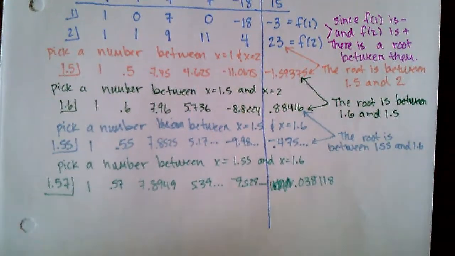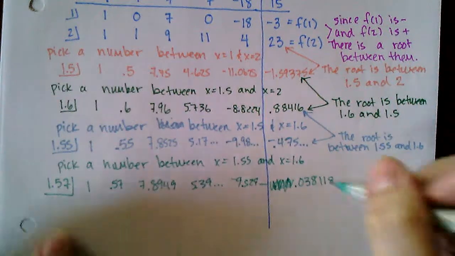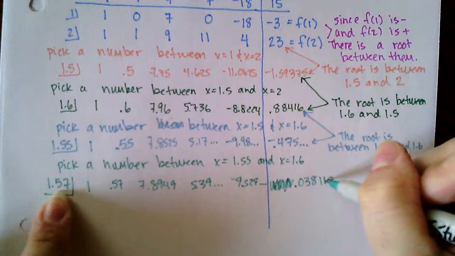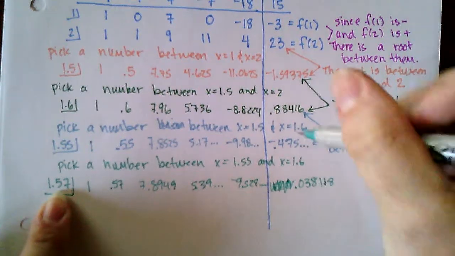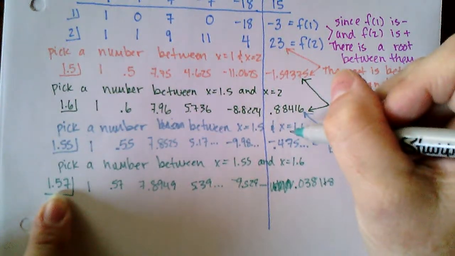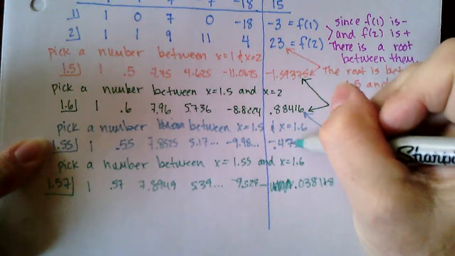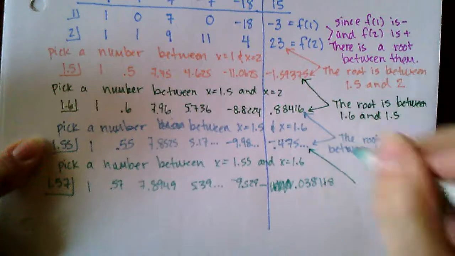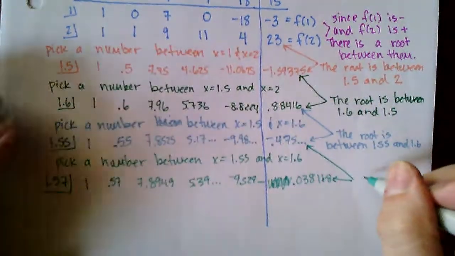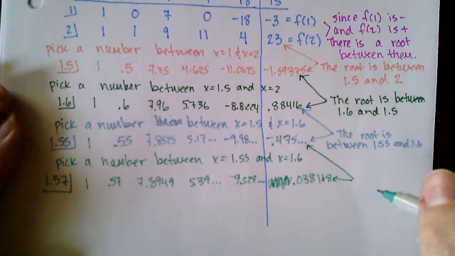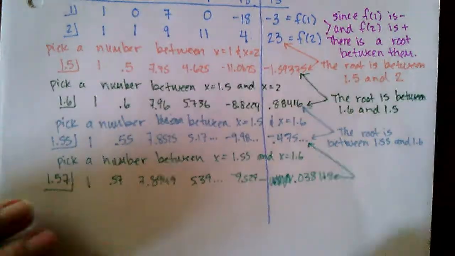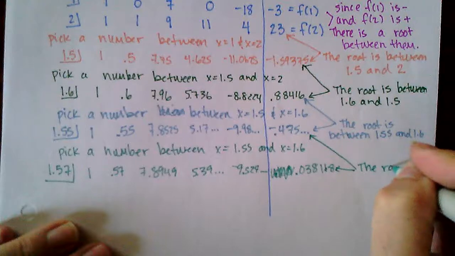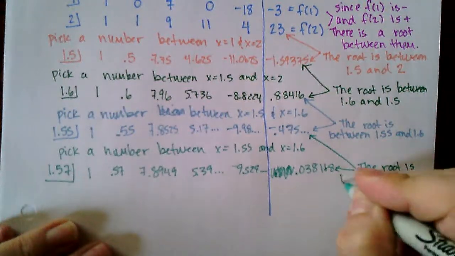Now let's see where the sign change happens. The function is above the x-axis when x is 1.57, and the function is below the x-axis when x is 1.55. So in between here and here is where it crosses, somewhere between 1.55 and 1.57. So we will try one more value, I think, then we'll get it.